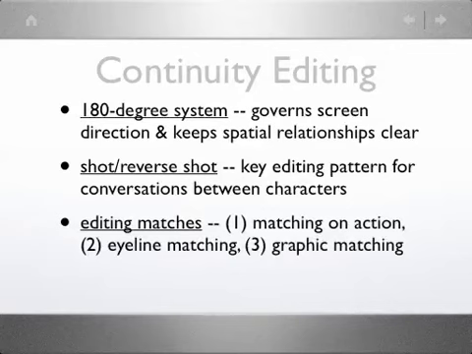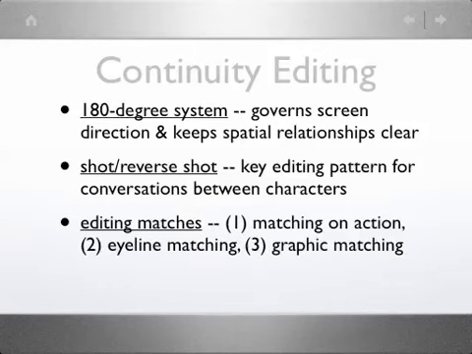Another set of techniques that is part of continuity editing are different types of editing matches. There are three different types of editing matches that Sickoff talks about: matching on action, eyeline matching, and graphic matching.